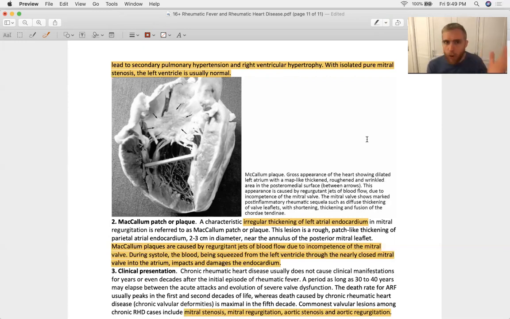Remember, flow is always going to go from high pressure to low. So whenever you have a mitral regurgitation, well, where's the high pressure? In the ventricle. Where's the low pressure? In the atrium. So blood's going to go up into the atrium from the ventricle, and at the top of the atrium, wherever that flow bounces off the wall, that's where you're going to get the MacCallum patch.